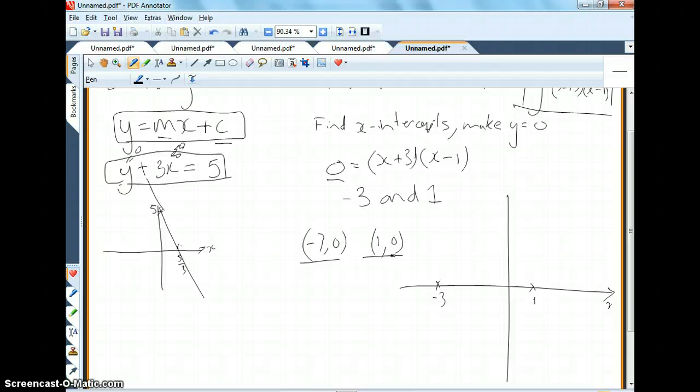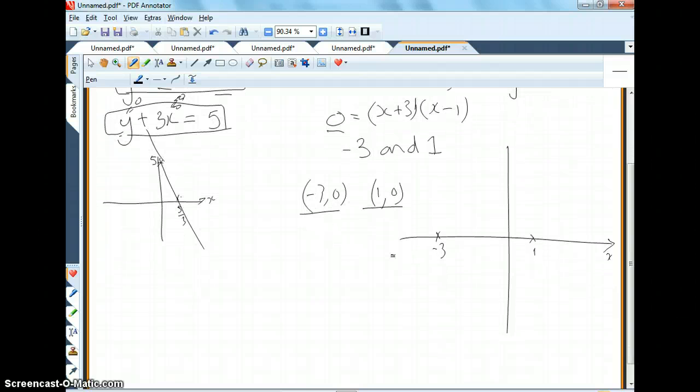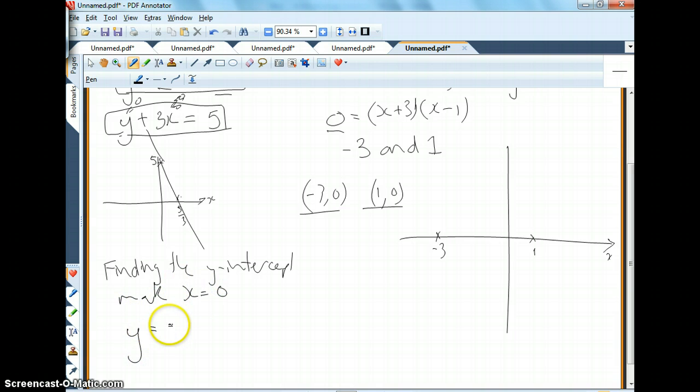Okay, how do we find a y-intercept? Thank you. Finding the y-intercept, make x equals 0. Watch what happens. Bracket 0 plus 3, close bracket, open bracket, 0 minus 1, close bracket.